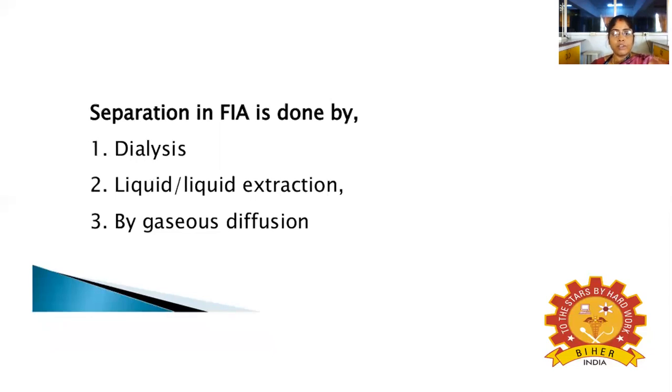So the separation in FIA is done either by dialysis, where we pour the sample in a dialysis membrane and keep it for dialysis overnight, so that the protein or whatever sample we need as a product in the desired form will be separated out or purified out. It can also be done using liquid extraction, and also by gaseous diffusion.